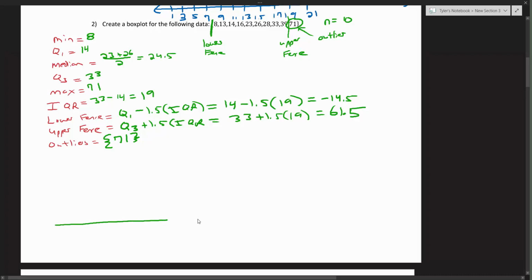First thing, we want to get a number line. So I'm going to start at 0 and go up by tens.